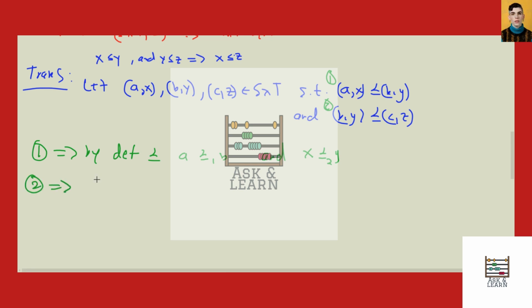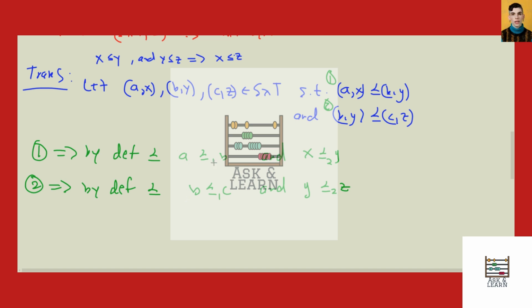Now the second one implies, also by the definition of our ordering, that b is less than or equal to c with the first ordering, and y is less than or equal to z with that second ordering.